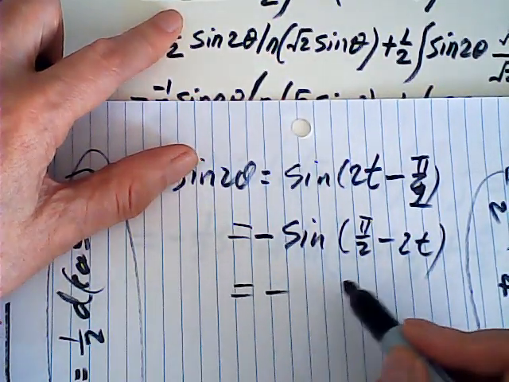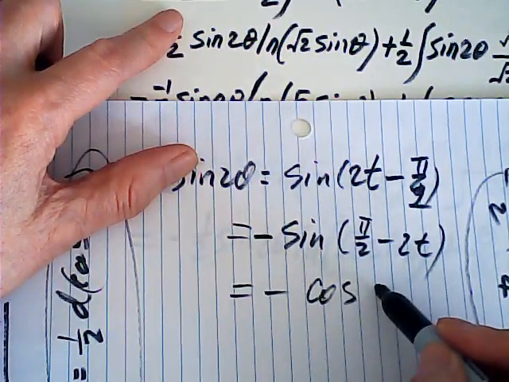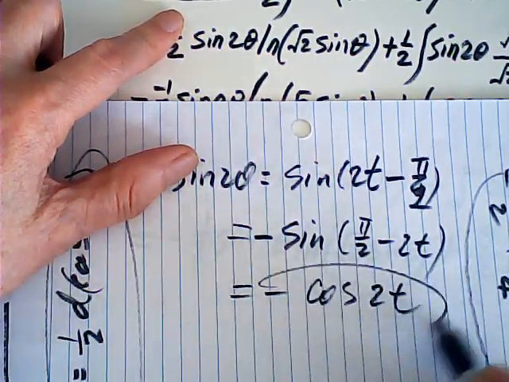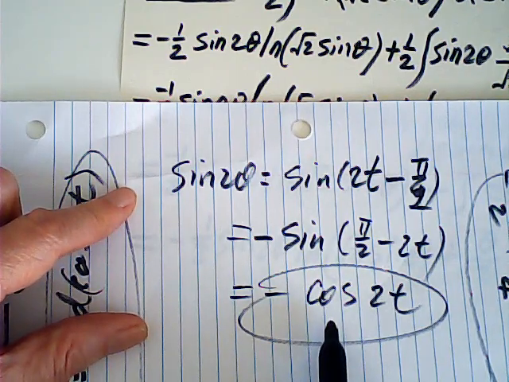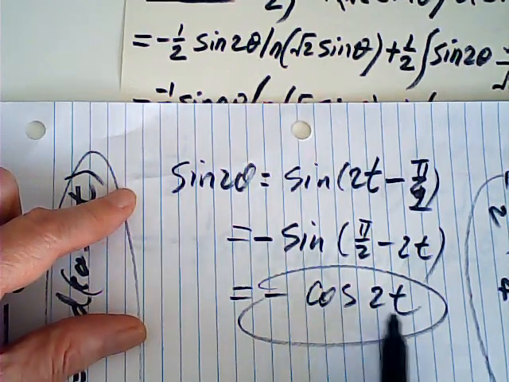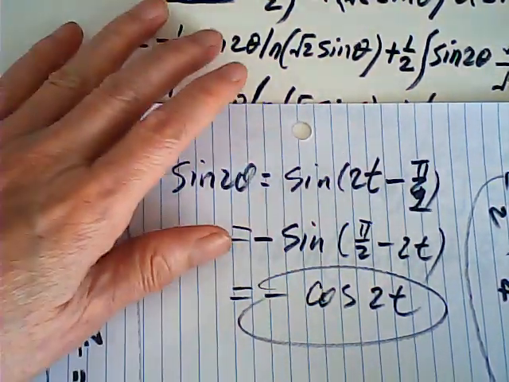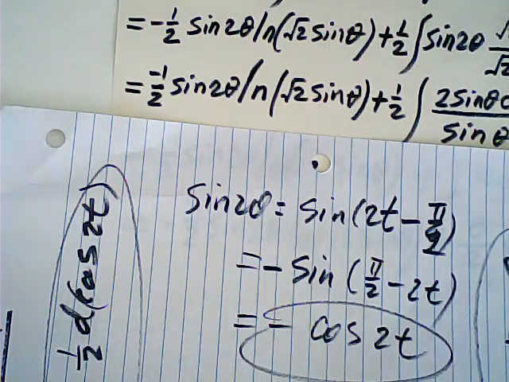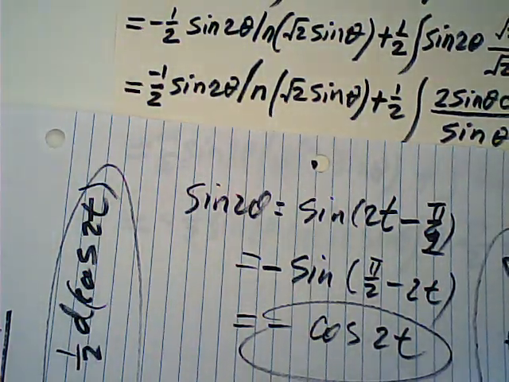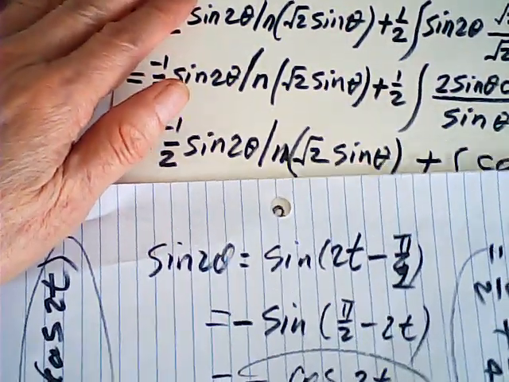So this is equal to negative cosine 2t. So sine 2 theta is actually negative cosine 2t. Okay, yes. Right, good.